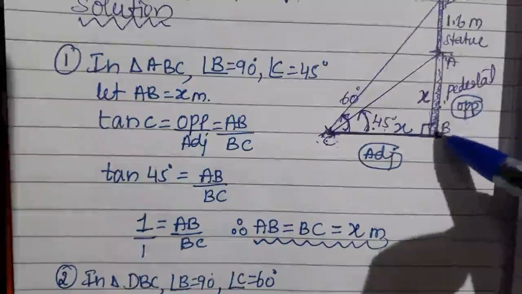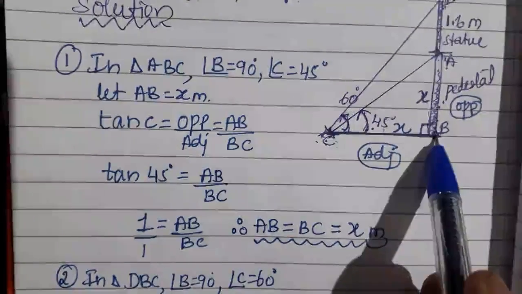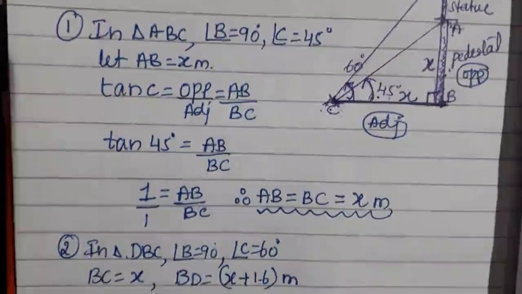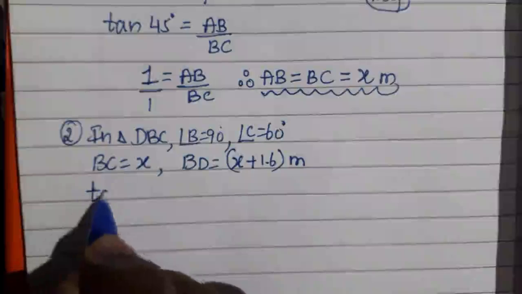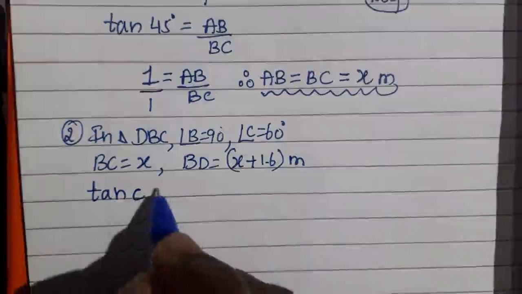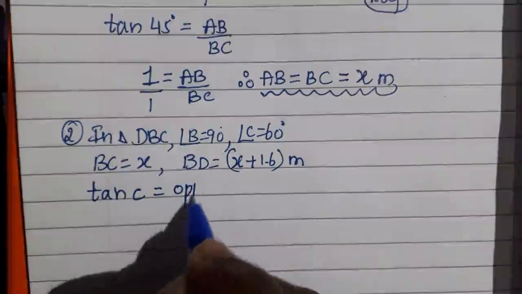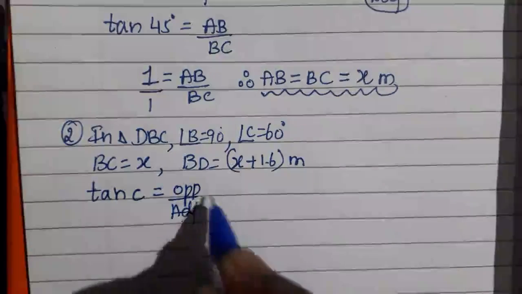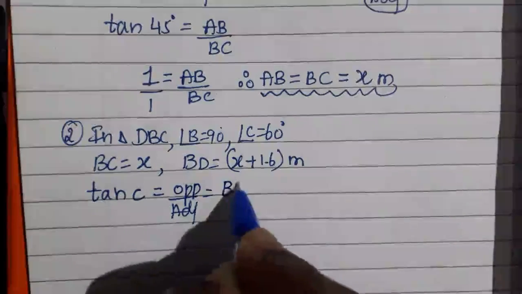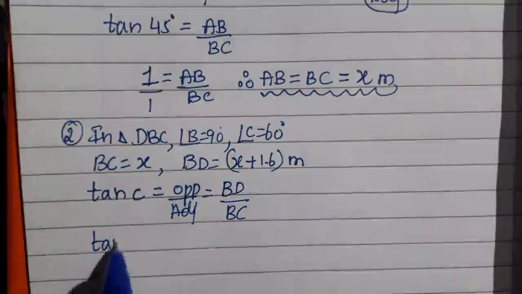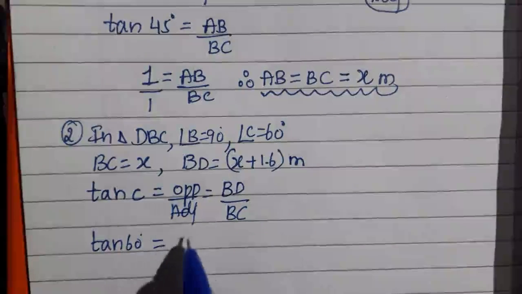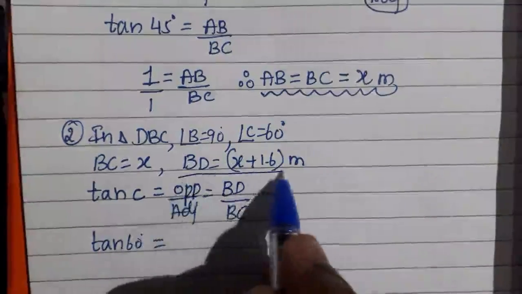Now this is opposite. BC is adjacent. Opposite by adjacent. Again I have to use tan ratio. So tan C is equal to opposite by adjacent. Opposite is BD, adjacent is BC. So tan 60 degree is equal to, what is BD?